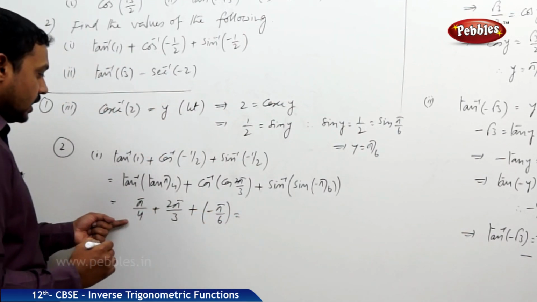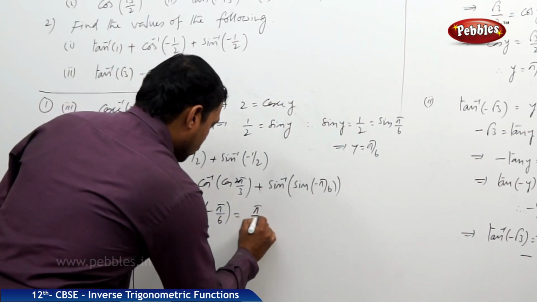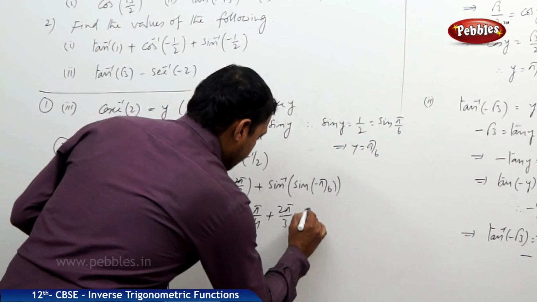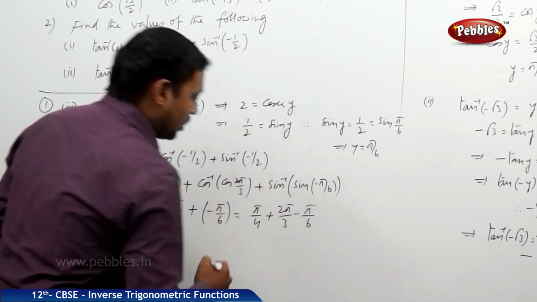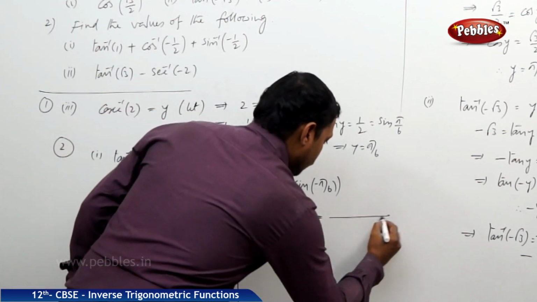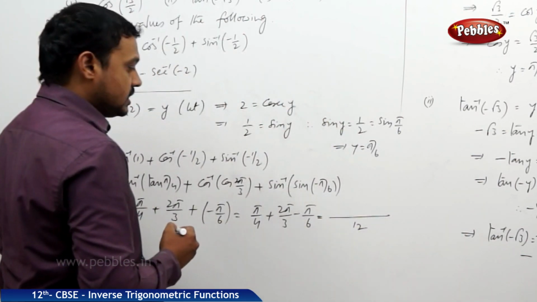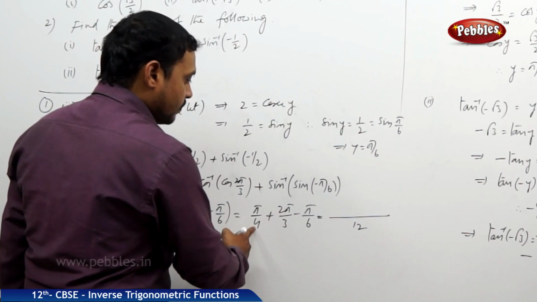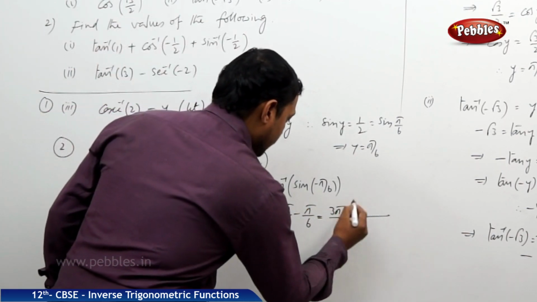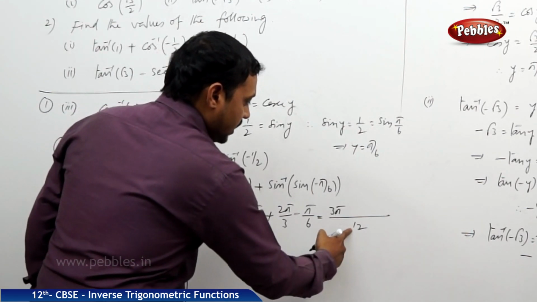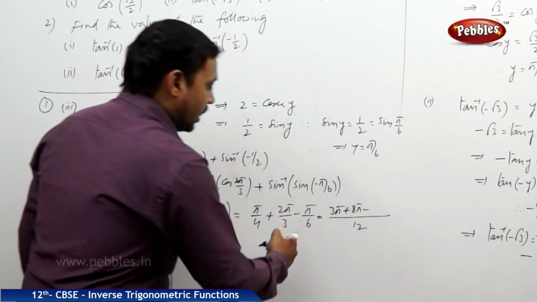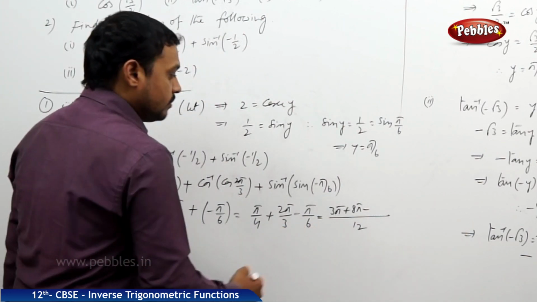So what we have is pi by 4 plus 2 pi by 3 minus pi by 6. Now, while taking the LCM, clearly we know that 12 is the LCM of these fractions. 4 divides 12 three times, so it is 3 pi; 3 divides 12 four times, so it is 8 pi; and 6 divides 12 two times, so it is 2 pi.